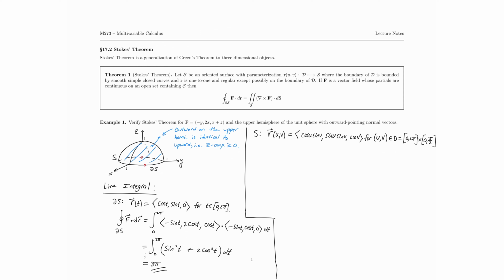So we want a normal vector that is pointing upward. We've done this before. The correct order to cross these in to produce an outward pointing normal vector on the upper hemisphere is the order r_v cross r_u, which is cosine u sine squared v, sine u sine squared v, sine v cosine v.